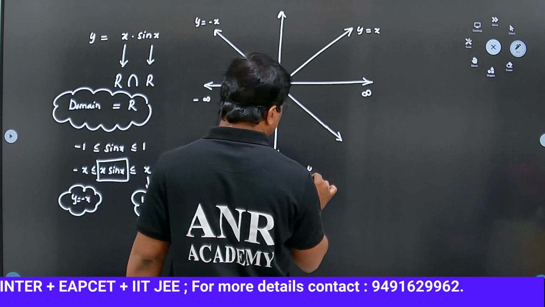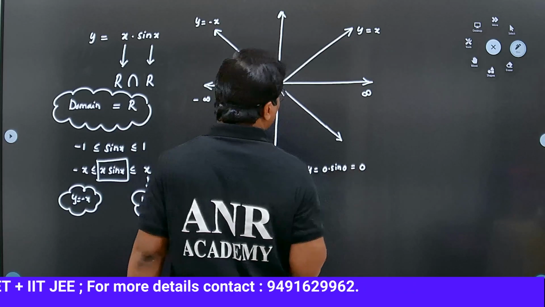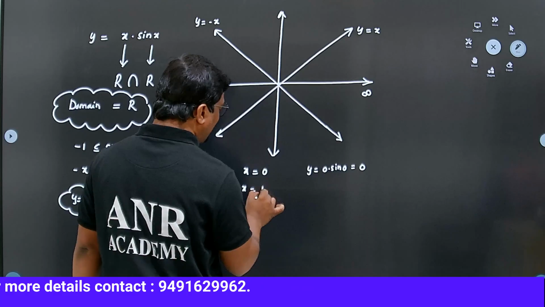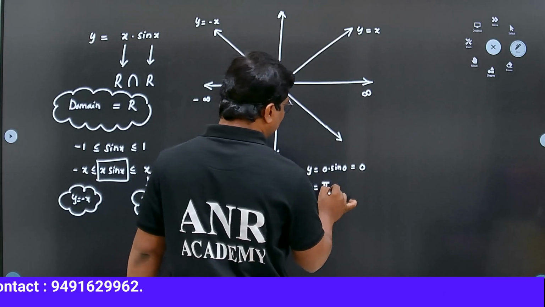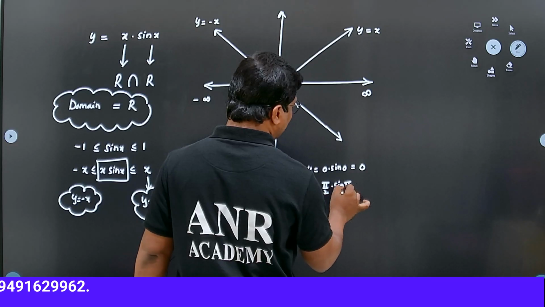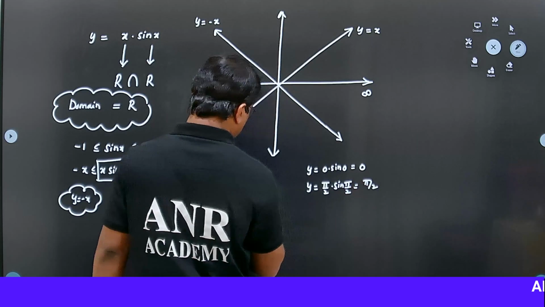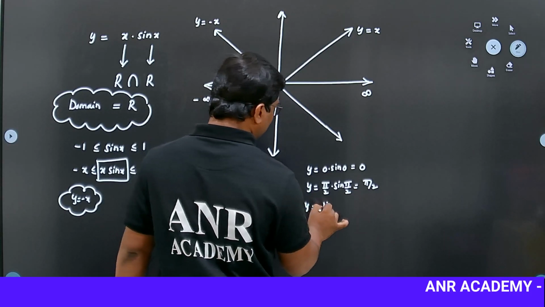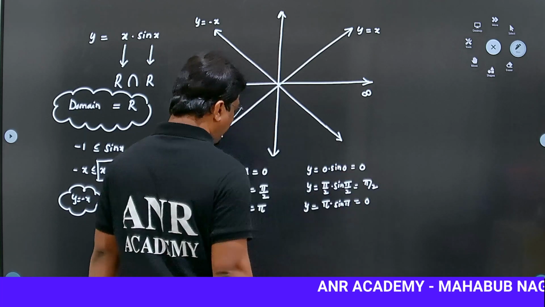X sin x, 0 into sin 0, becomes 0. Therefore, the origin is one point. Next, if you put x value pi by 2, y is pi by 2 into sin pi by 2. Sin pi by 2 is 1, so 1 into pi by 2 is pi by 2. If you give input pi, y equal to pi sin pi, that becomes 0.